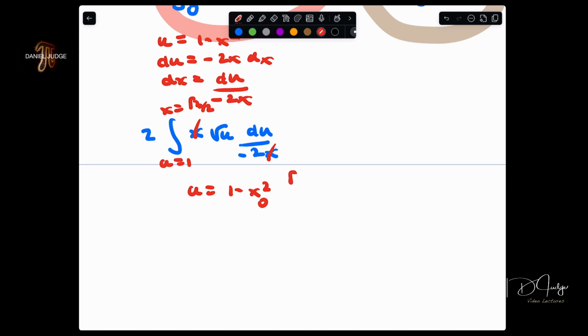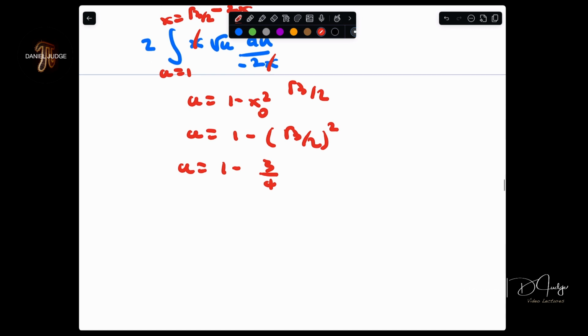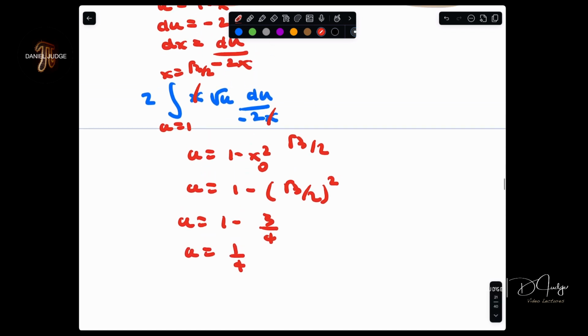If I put the square root of 3 over 2 for x, u is 1 minus the square root of 3 over 2. Don't forget we square that. 1 minus 3/4. This will be 4/4. U is 1/4.